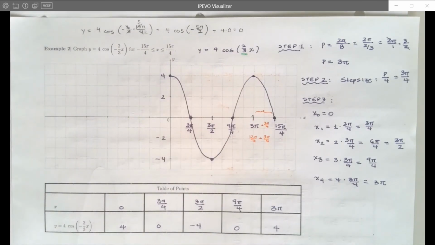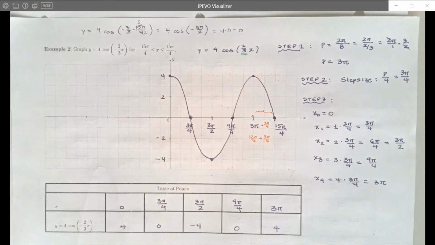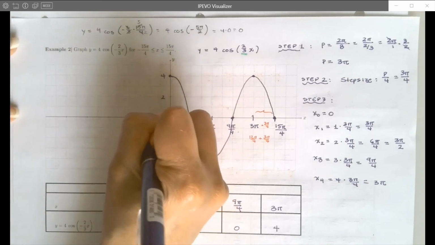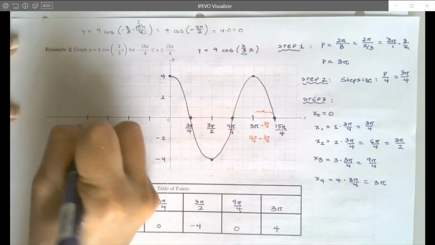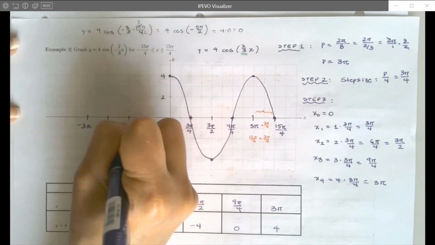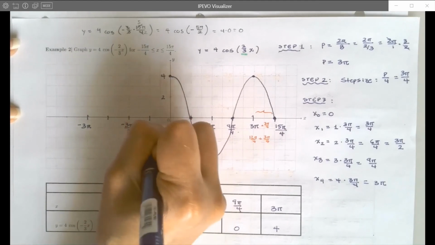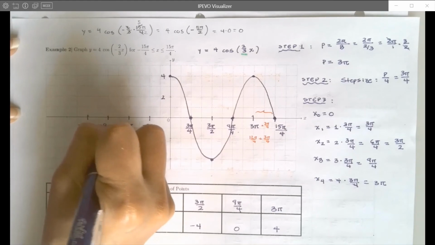Okay, what do we do beyond that? Because we still need to extend to -15 pi over 4. Well, first things first, let's just go ahead and label the tick marks. Okay, so 1, 2, 3, and 4. This is going to be -3 pi. This is going to be -3 pi over 2. This will be -3 pi over 4. And this will be -9 pi over 4.